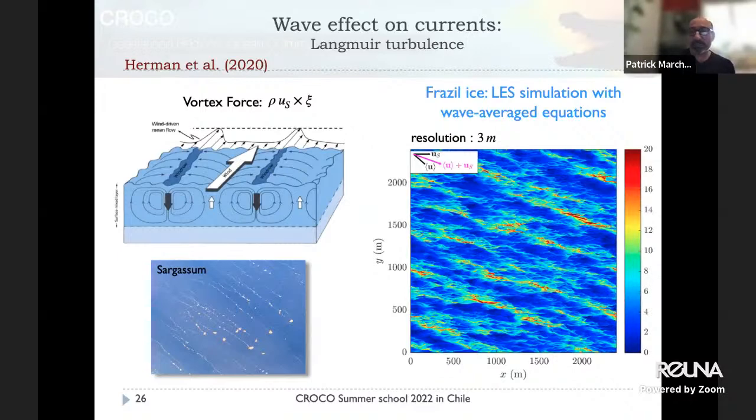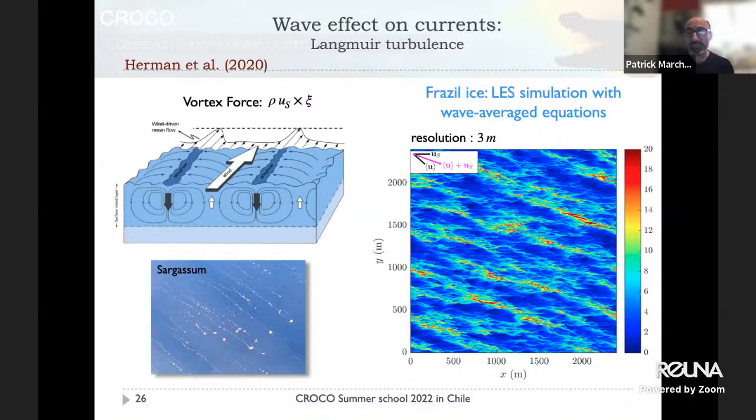And another application that can be made, and was made by this group in Poland, was for frazil ice, which is a melted form of ice in the polar regions that tends to be trapped also in these Langmuir circulations, as some images have shown. And here what I show is a picture of the model.